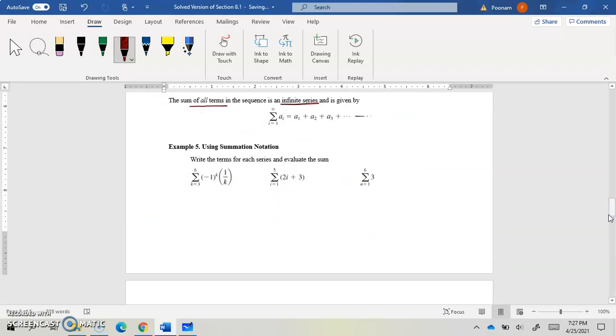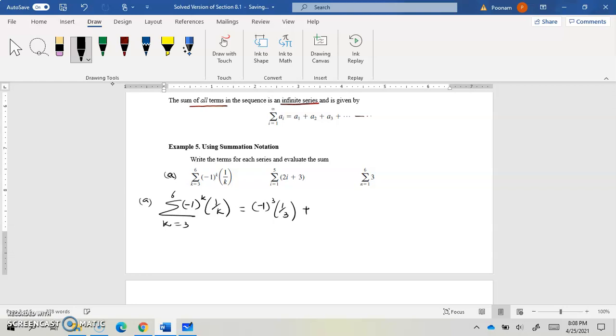Write each of the series and evaluate the sum. So the first one, let's name it part A. It says sigma k from 3 to 6 of negative 1 raised to power k times 1 by k. Now when you plug in, starting from 3, that gives negative 1 raised to power 3 times 1 by 3.